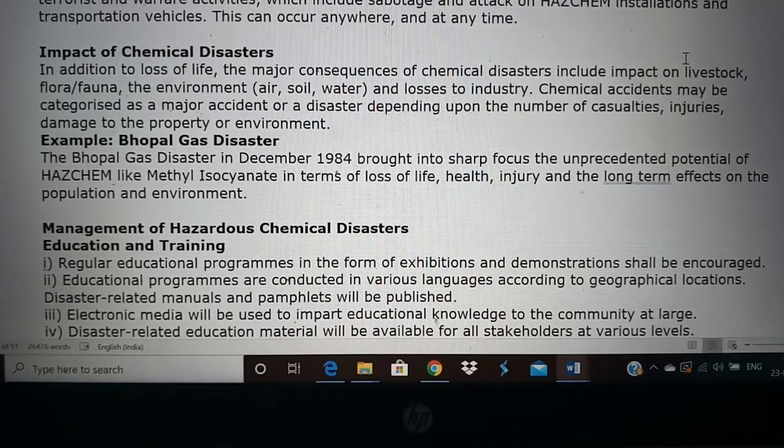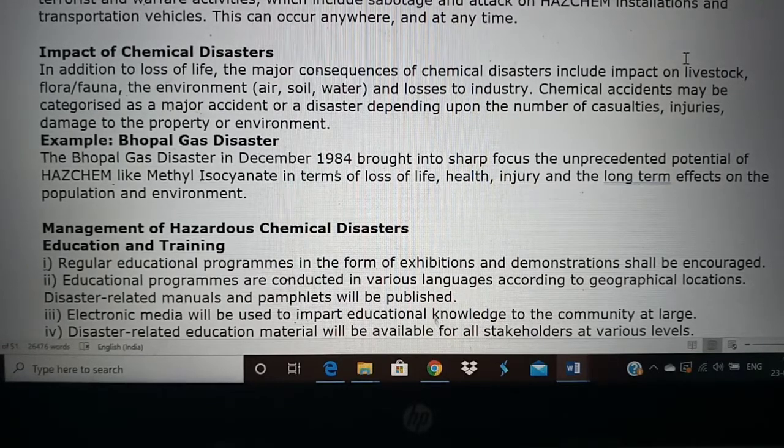One example of the impact of a chemical disaster is the Bhopal gas tragedy. This happened in December 1984. In Bhopal, a city in North India, suddenly people, when they woke up, started falling down and dying because there was a gas leakage.